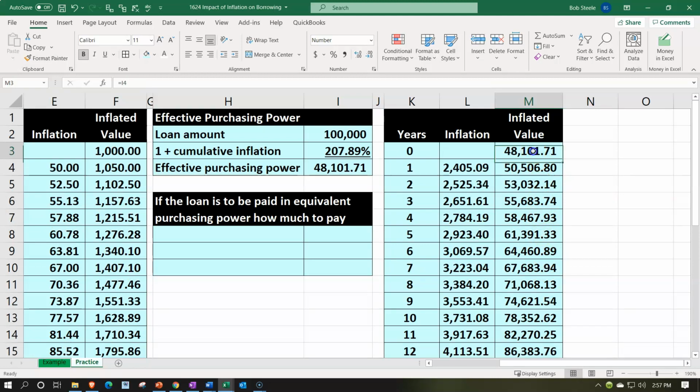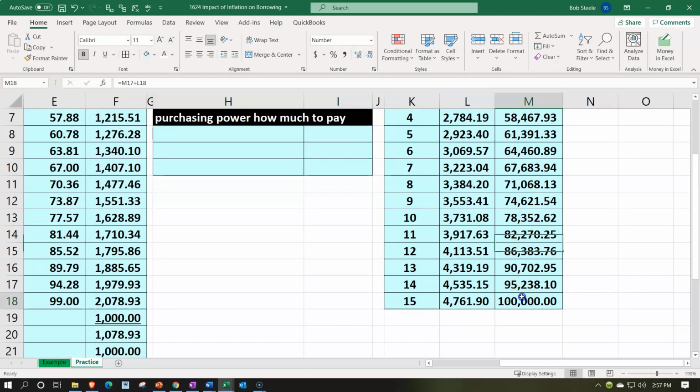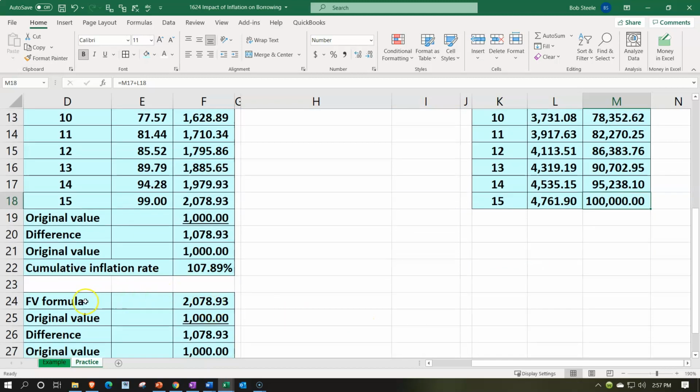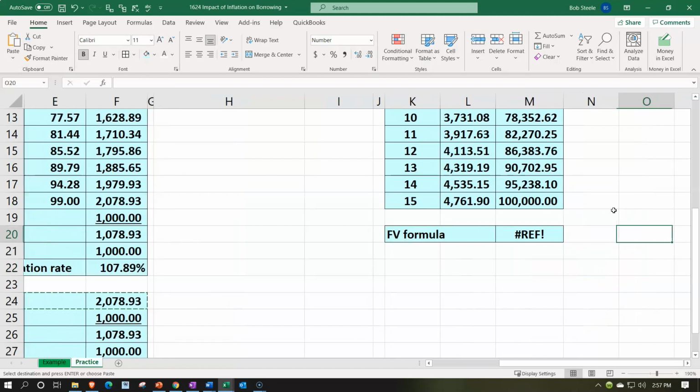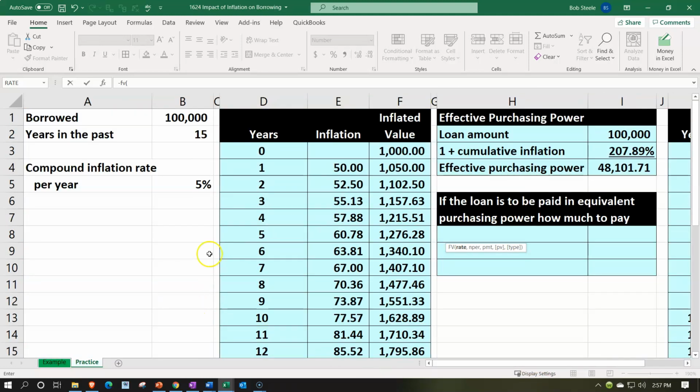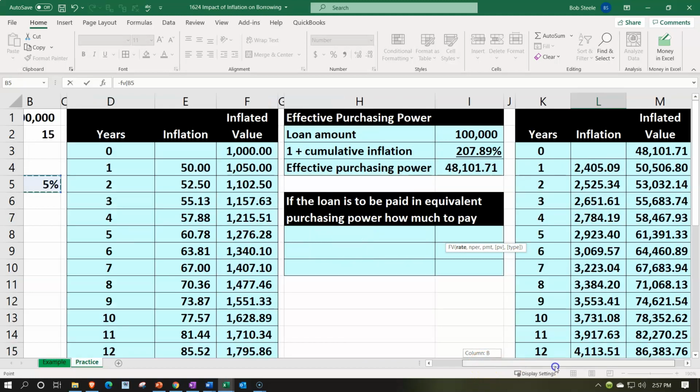So I'm meaning if I had the starting point of the 48,101.71, I would need an equivalent amount of 100,000 after the end of the 15 years for the equivalent purchasing power. You can, of course, do that with our formula that we did down here as well, and do a similar kind of calculation, which would be negative future value, shift 9, the rate being equivalent to that 5% rate.